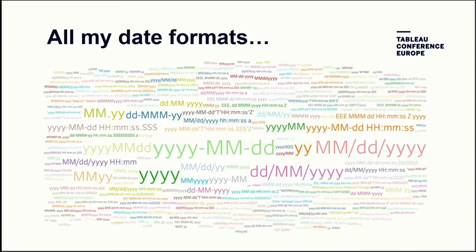Of course, we try to be smart and help you. Since version 10.2, Tableau applies automatic date parsing, so there's a good chance that even if you have some exotic date formats, Tableau will recognize it for you and automatically give you this little calendar symbol next to your dimension.